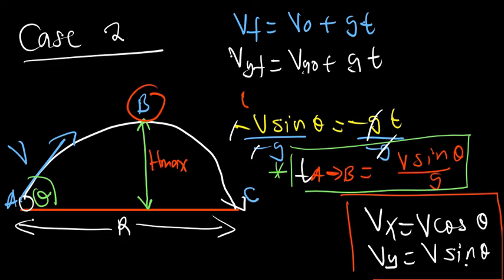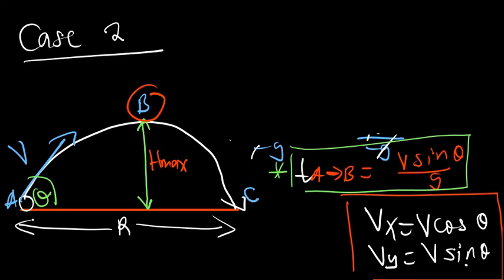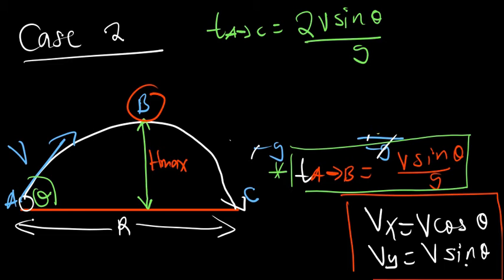Now, if they ask you what was the total time, meaning the T from A all the way to C, the time it takes from A to B is the same as the time it takes from B to C. Therefore, if you multiply this by 2, that is the time. So if I just say 2 V sine theta divided by G, then that's the total time.